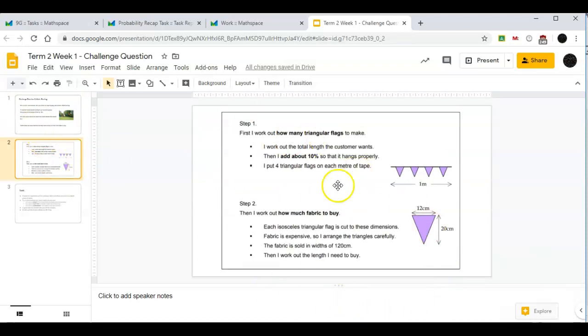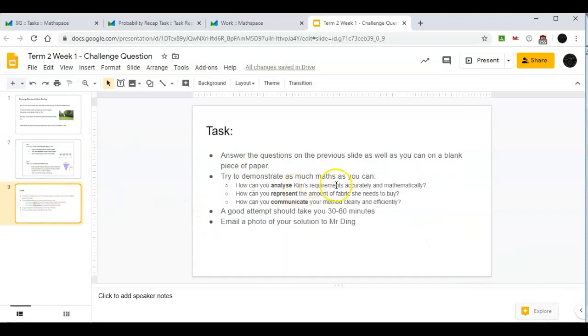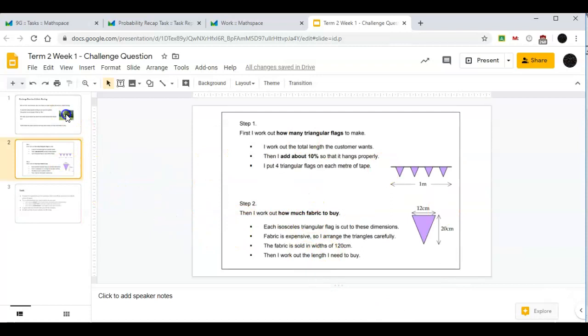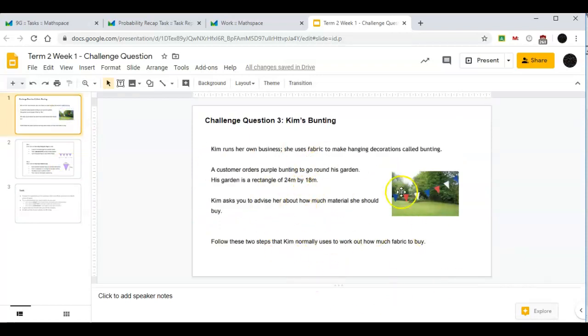Kim explains to you a little bit about her method, about how she makes the bunting and decides how much fabric she needs to order, and your challenge is to help her out with that, to do the calculations and figure out exactly how much fabric she should order in order to have enough to finish this person's bunting for their garden.